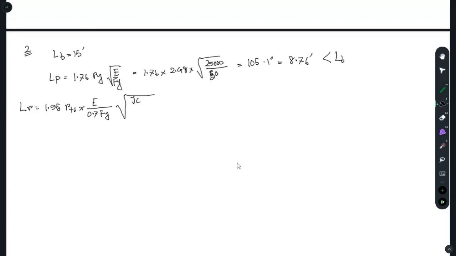See, here J is the torsional constant. You find it in the manual, then you multiply it, divide it by S and ho.